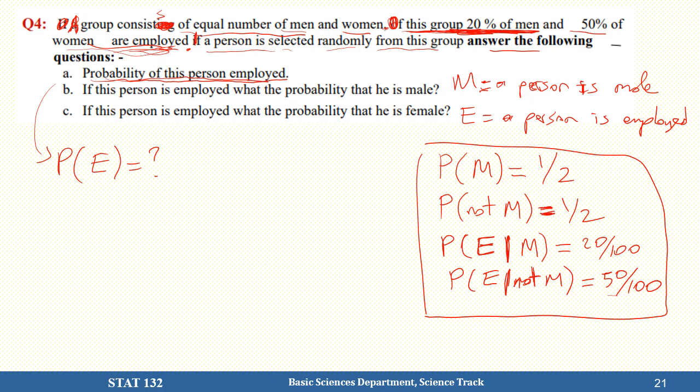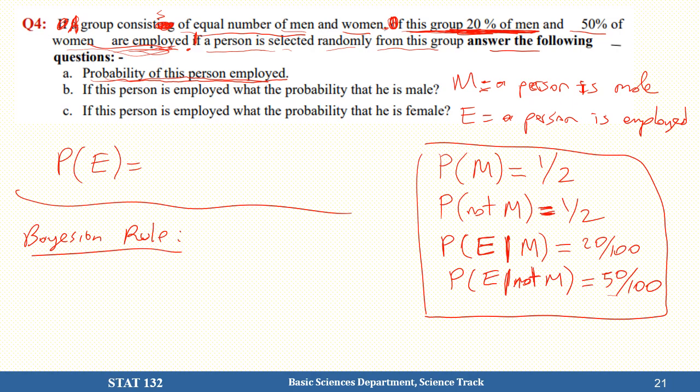probability that a person is employed. So let's remember the Bayes rule. So what does Bayes rule says? The Bayesian rule says if you have A1 and A2 mutually exclusive, and their intersection is empty set, and also the sum of their probabilities is equal to 1, so it means exhaustive.